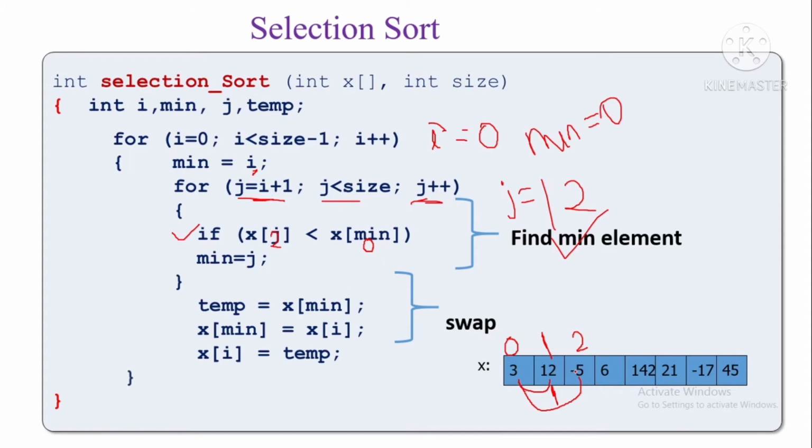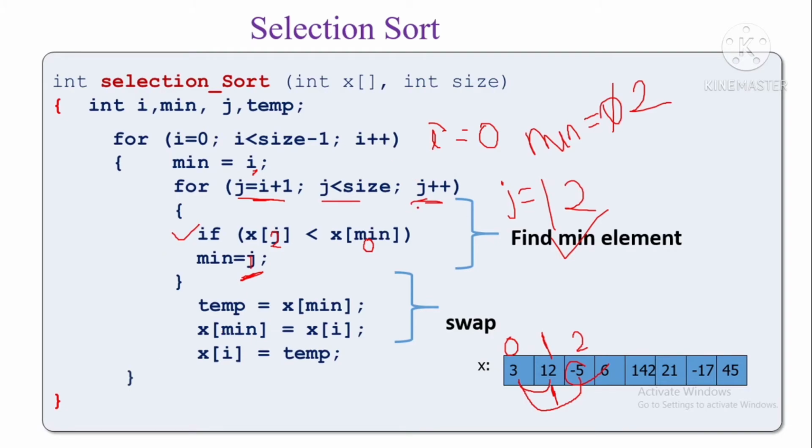Now minus 5 is lesser than the already existing minimal position value, so I have to change my minimal position to a new value. Since minus 5's position is 2, the minimal position is changed to this value j. So instead of 0, now I have changed it to 2, right?